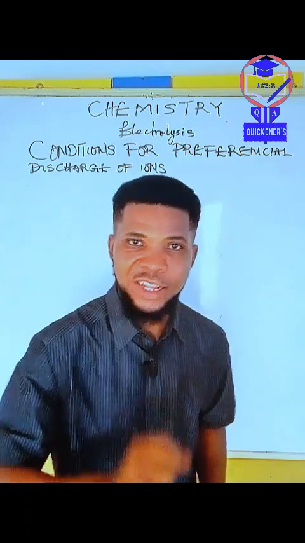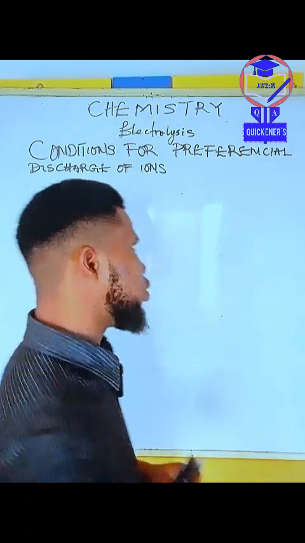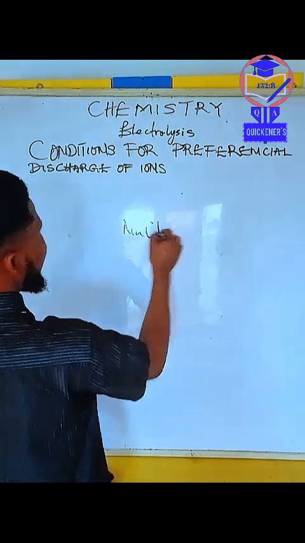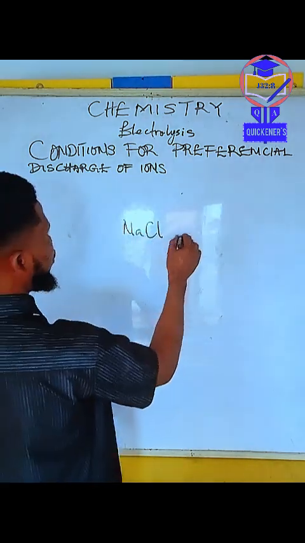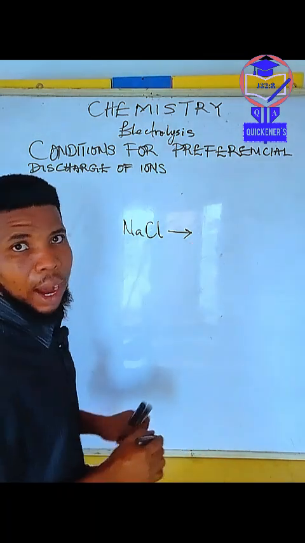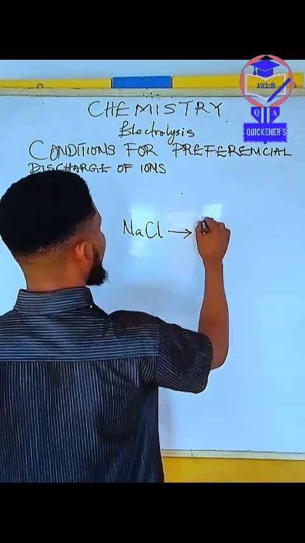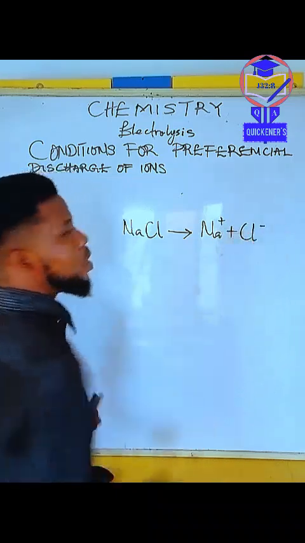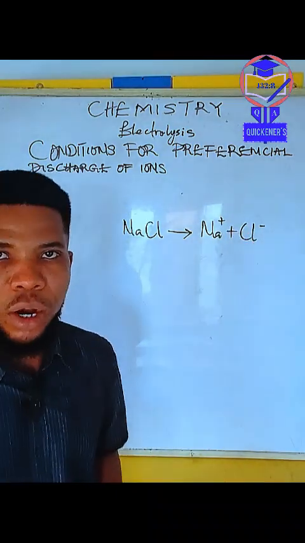I will go back to that first example I started with, which is sodium chloride. So if we have sodium chloride, and you dissolve sodium chloride in water, you're going to have sodium ion and chloride ion. Sodium ion and what?